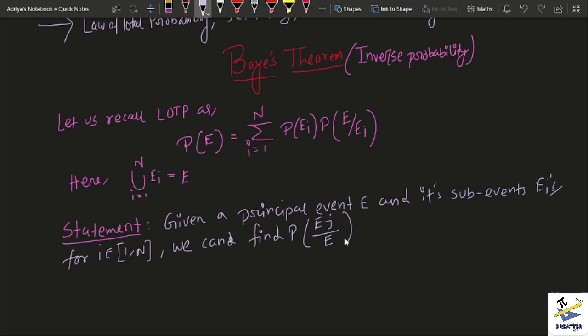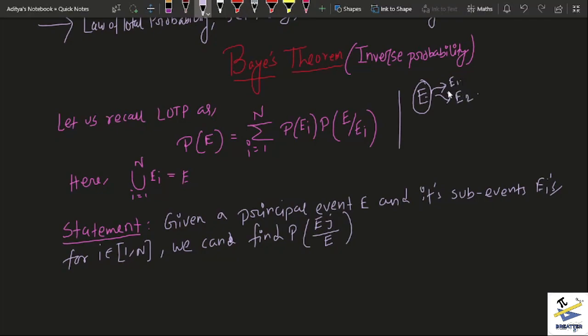Let's say we have an event capital E which can be done in two ways, E1 and E2. So in law of total probability, we find the probability of this capital event E, using the fact that we know the probability of E when E1 has occurred, or the probability of E when E2 has occurred, because E can be done in two ways.